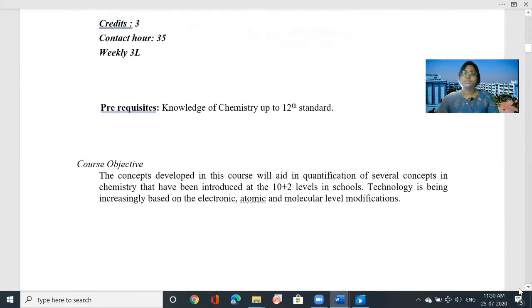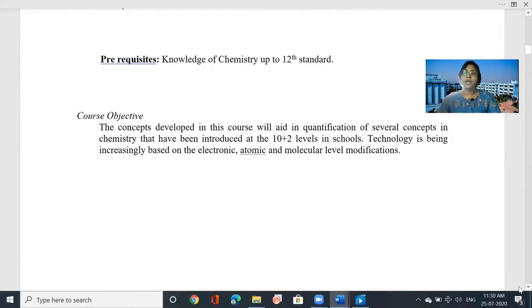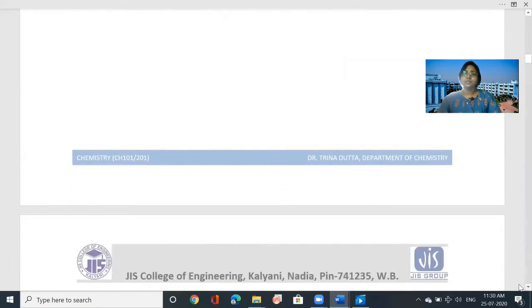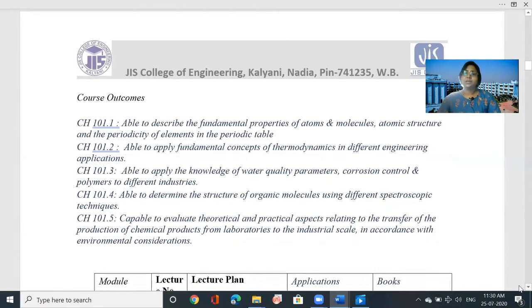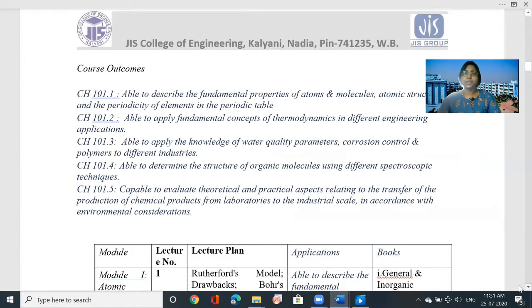So the course objective is that students will learn several concepts of chemistry. In the outcome, in the light of spectroscopy, students will gather knowledge of different spectroscopic techniques, and they will be able to determine the structure of different molecules.